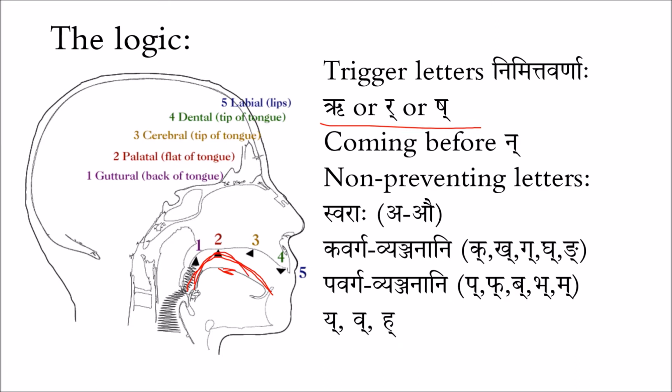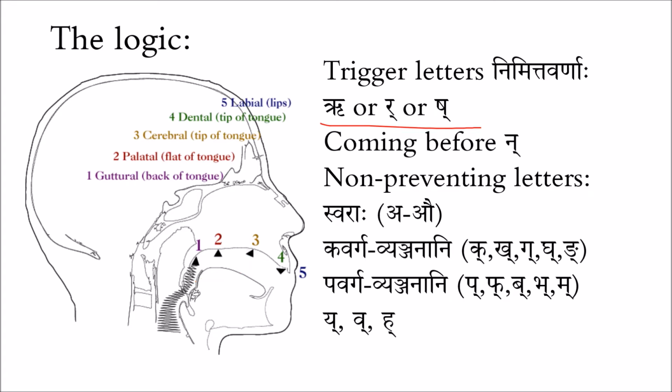And when we are pronouncing the cerebral letters, or murdhanya varnaha, which are ta, tha, da, dha, na, how is it positioned? The shape of the tongue is like this. The tip of the tongue is rolled back and it is touching here, like this.